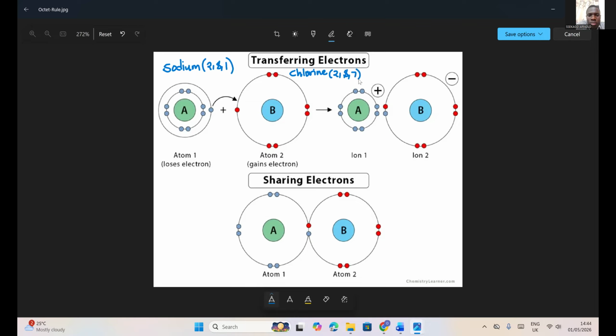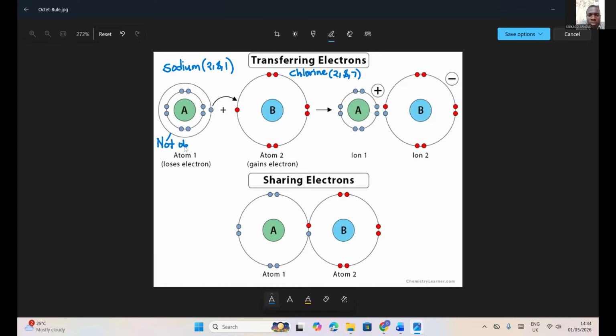Now you see, the octet rule is a rule of 8 electrons in the outermost shell. And I am emphasizing that sodium and chlorine participate in bonding to achieve the octet rule. Like here, you see, the last shell is not obeying.